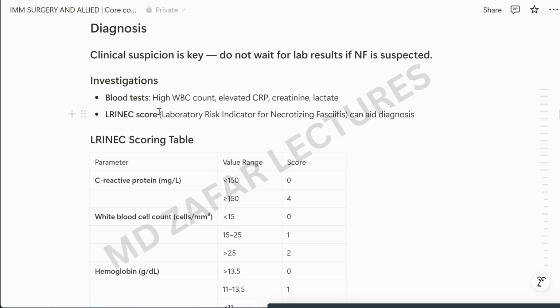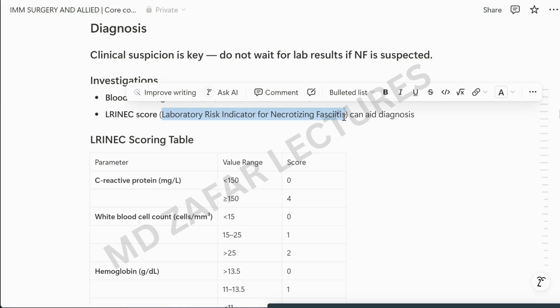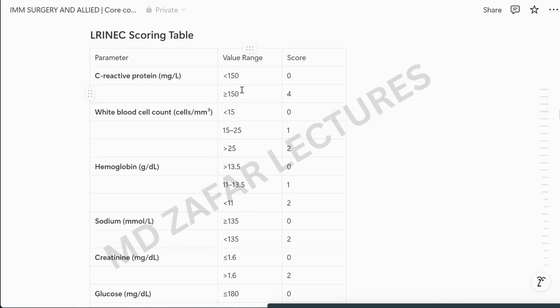However, researchers have devised a score known as the Laboratory Risk Indicator for Necrotizing Fasciitis. Different factors have different values and their scores are cumulatively added at the end to assess the likelihood of necrotizing fasciitis.